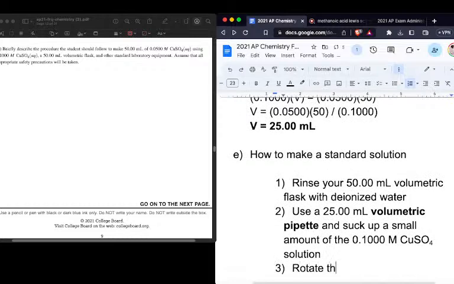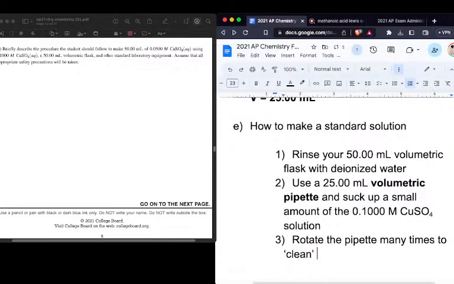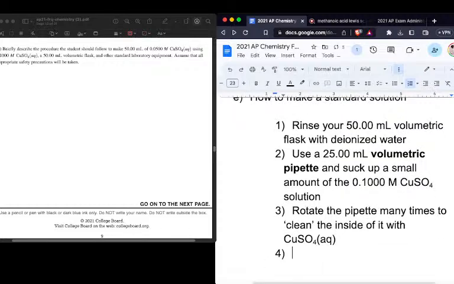I say rotate the pipette many times to clean or prime the inside of it with CuSO4(aq). Discard that liquid.